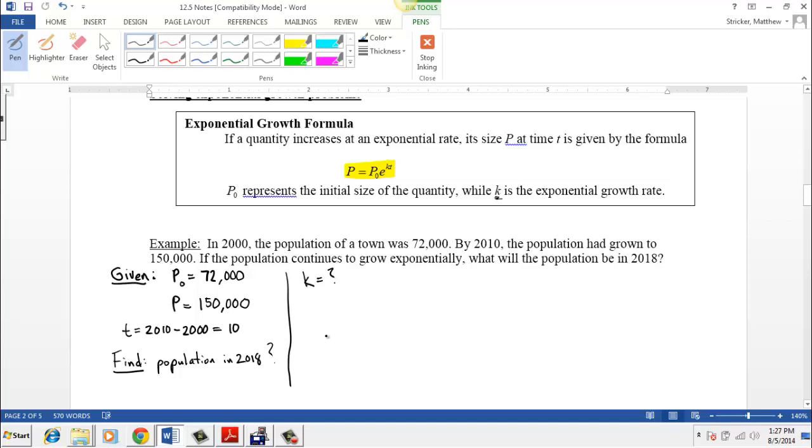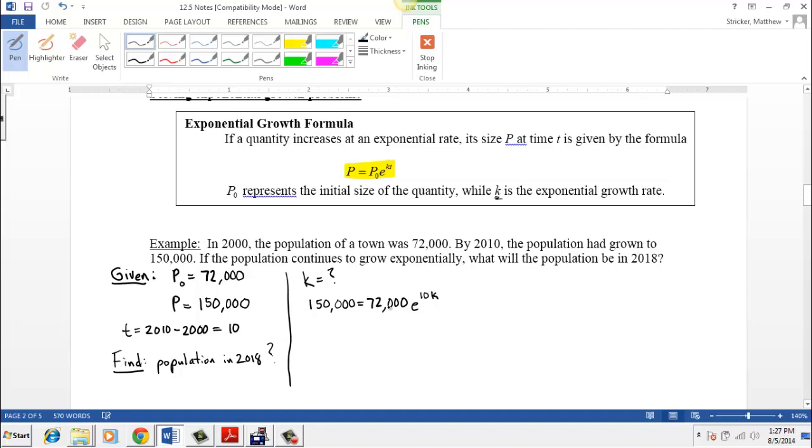And this is going to look a lot like the last problem. If we set up the equation using this formula based on what we know, 150,000, some future population, is equal to the initial population of 72,000 times e to the k, which we don't know, times t, which is 10.